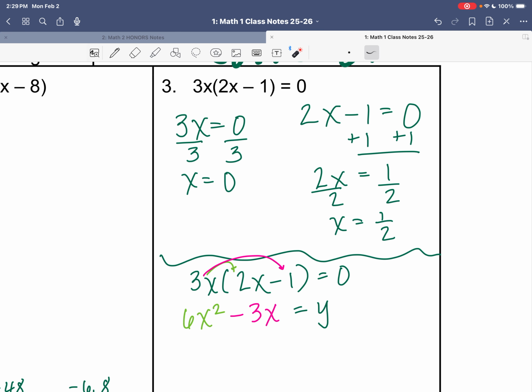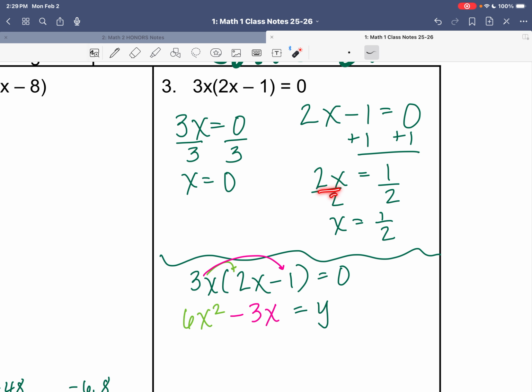All right, so now we're going to take each part. So we're taking this 3x, setting it equal to 0, and dividing both sides by 3. So x equals 0. Then we're going to take this part that's factored, and we're setting all of that equal to 0. And now we have to add 1 to both sides.